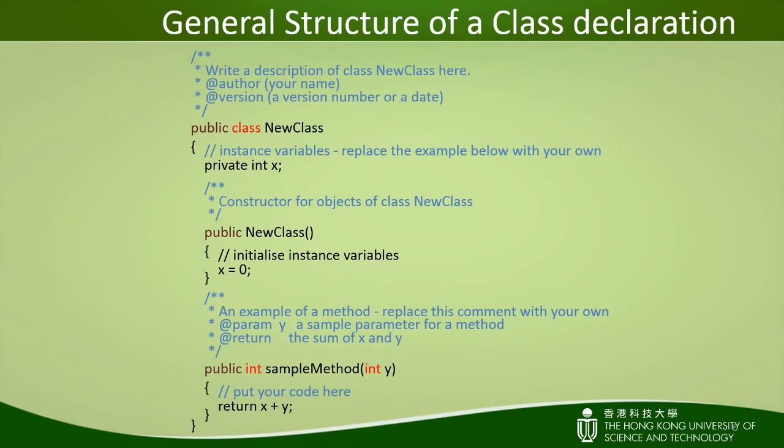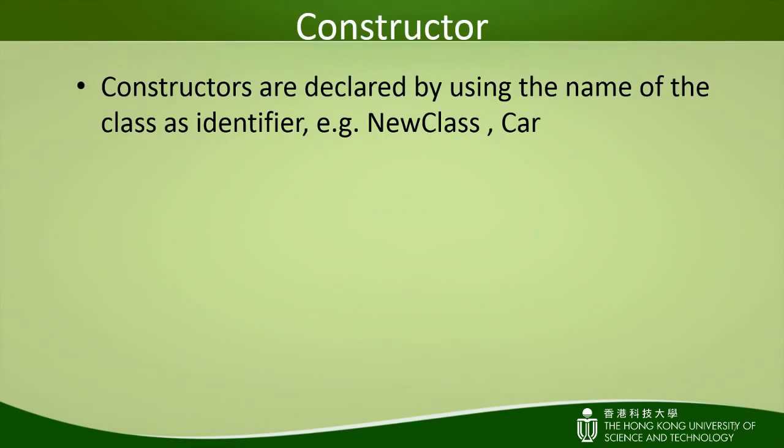This part of the program is for defining constructors. Constructors allow instances of objects to be created from the class template. Constructors are declared in a similar way as method declarations, but the name of the class is used as the name of the constructor.